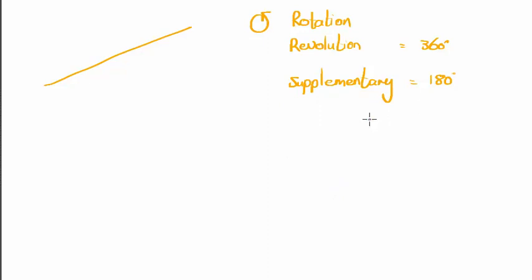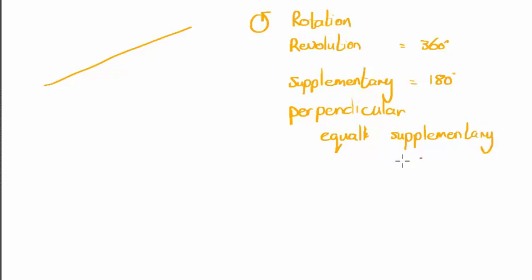In other words, a supplementary angle is when 2 angles add up to 180. And a perpendicular angle is defined as when there are 2 equal supplementary angles.